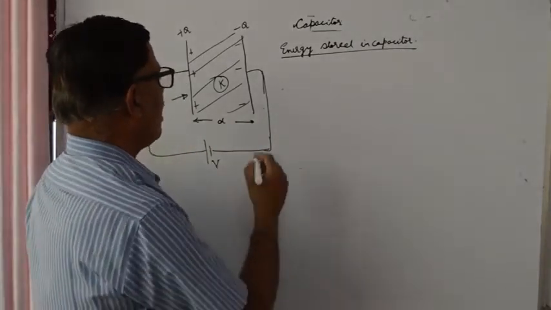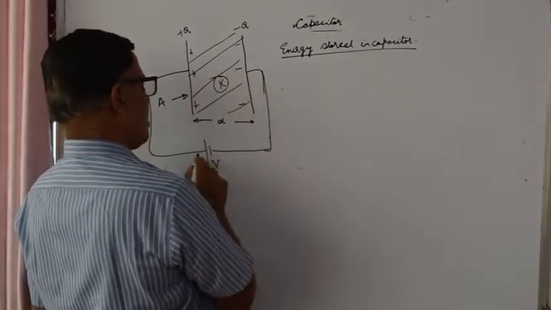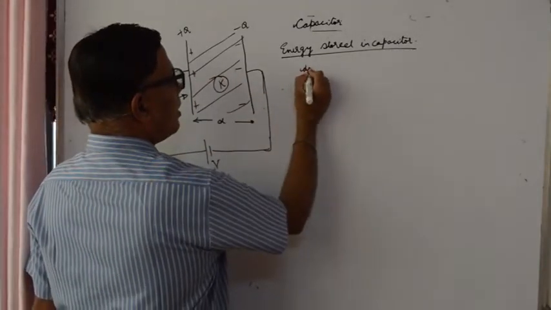Suppose initially the charge on the plates of the capacitor due to this battery is equal to dq.